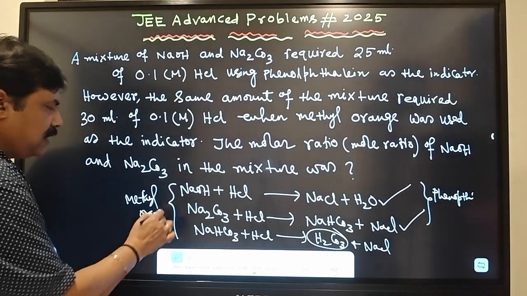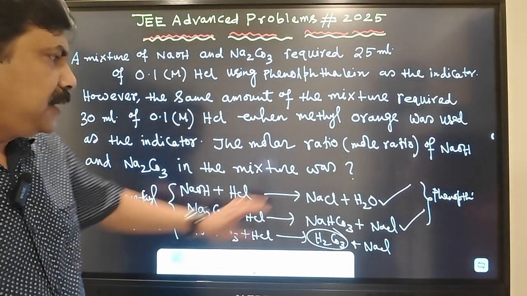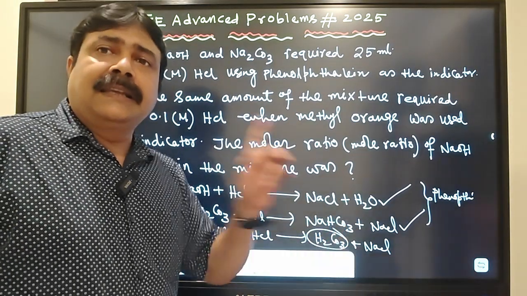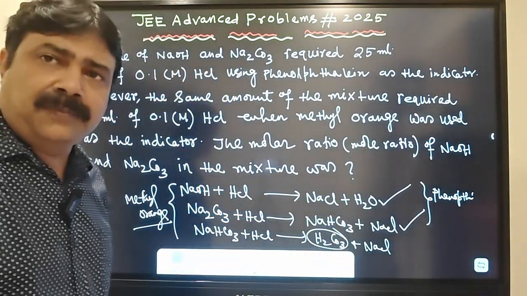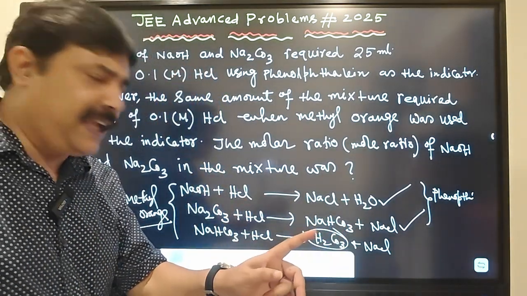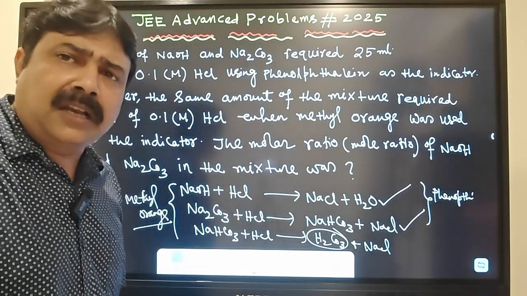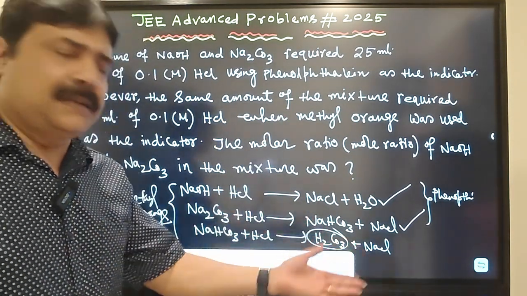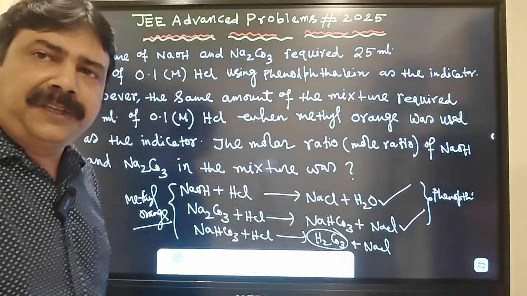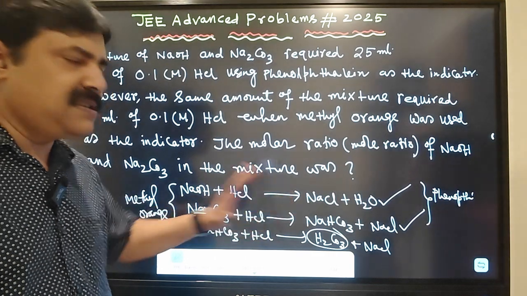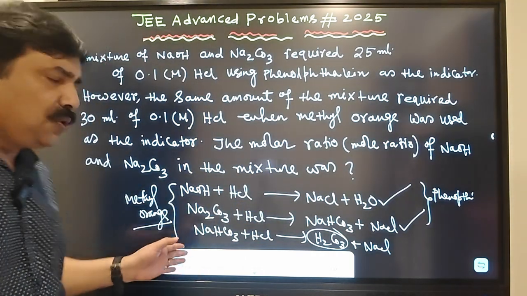So whenever you have phenolphthalein, only the NaOH reaction and the Na2CO3 half reaction can be detected, because the Na2CO3 full reaction means acid will be created, and in acidic medium phenolphthalein cannot show the color change. That's why this last part of the reaction cannot be calculated using the phenolphthalein indicator. That is the basic idea of the problem. But methyl orange, no issue.